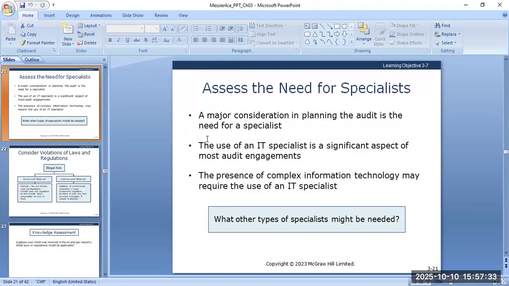The use of an IT specialist is a significant aspect of the audit engagement, and it will help us if we have a presence of complex information technology. Then we have to think about whether there is any other specialist that we might consider.